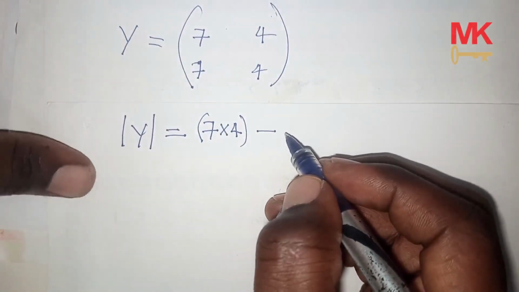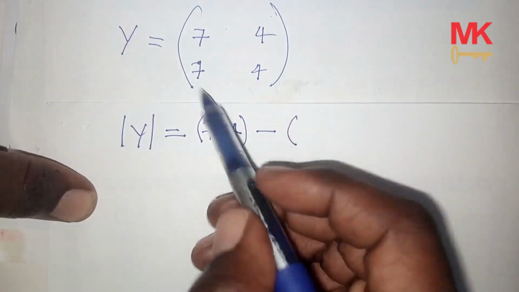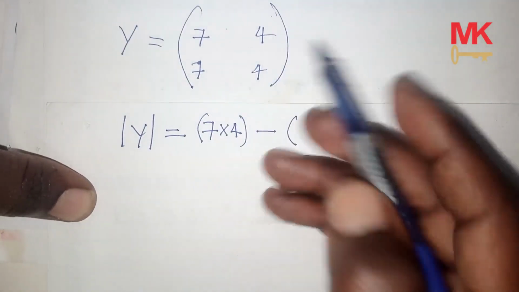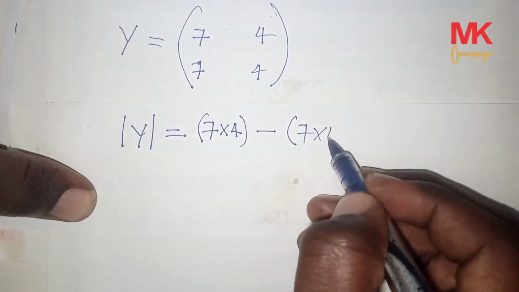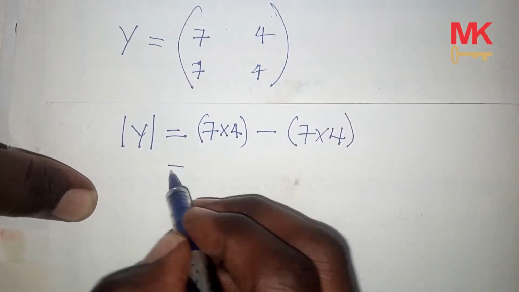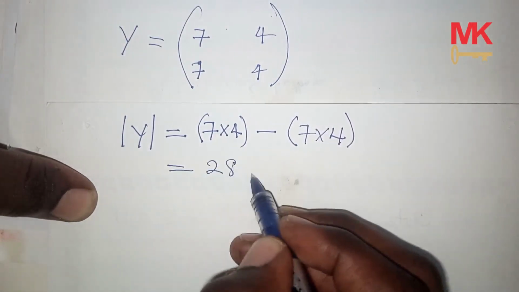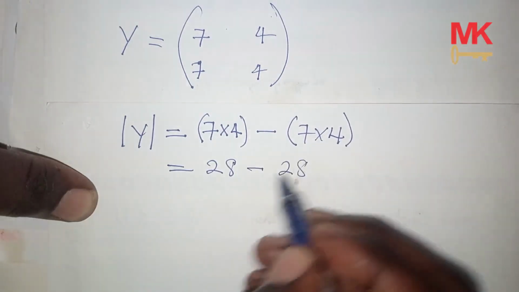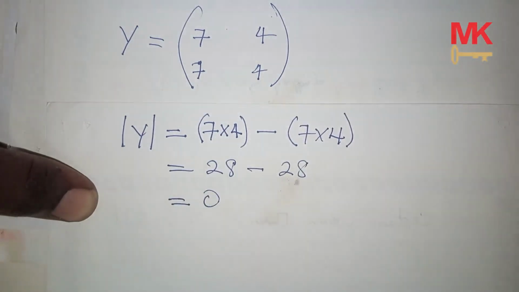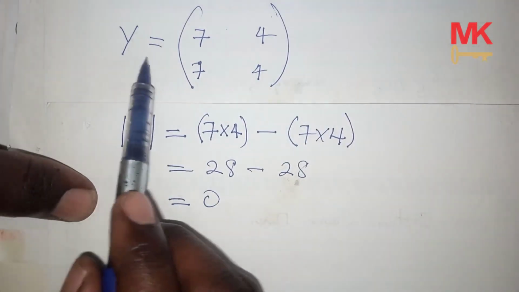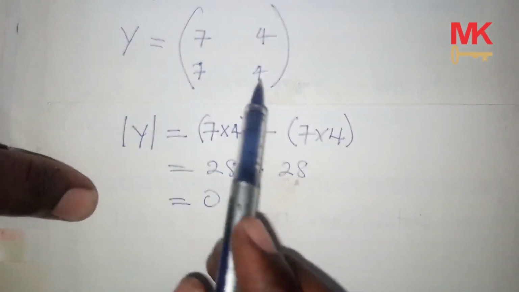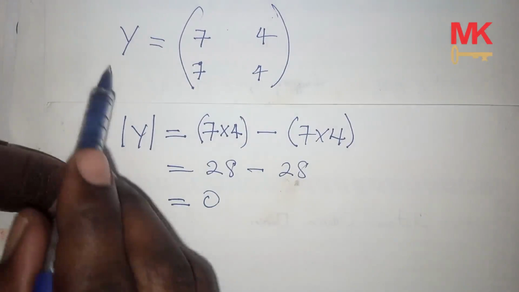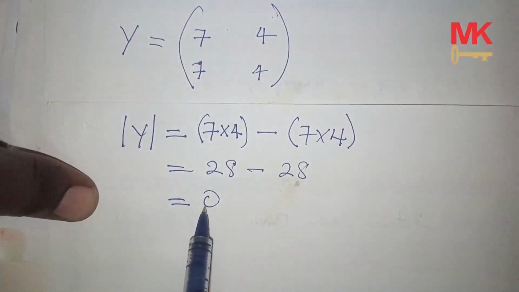Minus the product of these two, 7 times 4 again. If we take away 28, that gives us exactly 0. So we refer to the matrix 7, 4, 7, 4 as a singular matrix because the determinant of this matrix is 0.